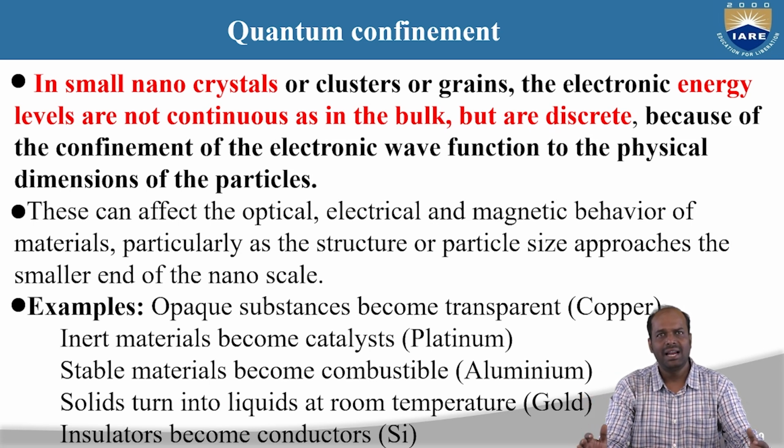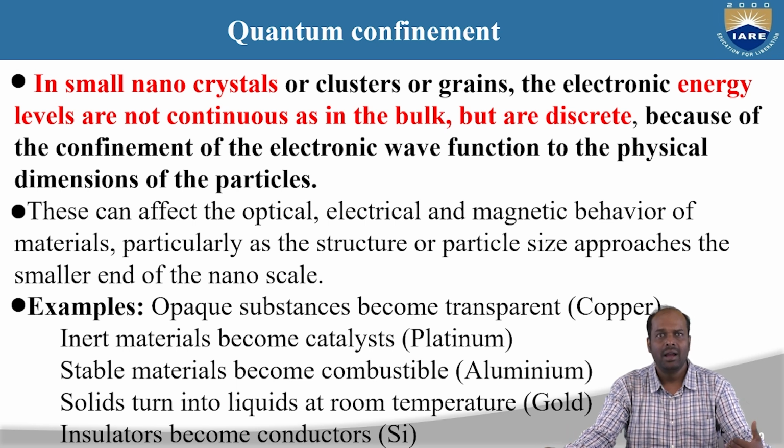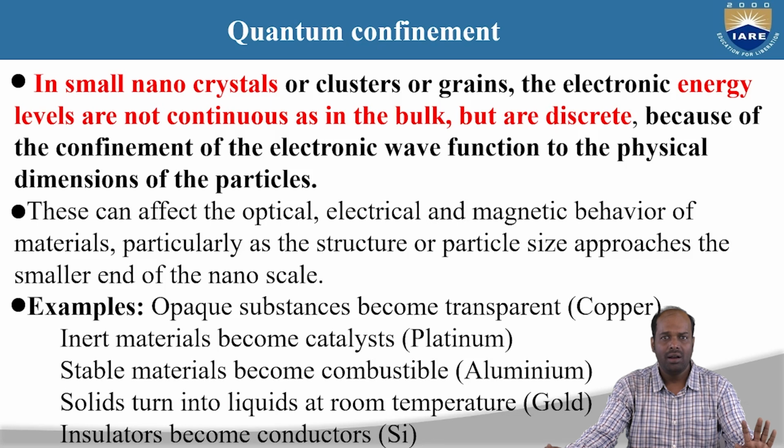The physical properties also drastically change. This can affect the structural, optical, electrical, and magnetic behavior of materials, particularly as the structure or particle size approaches the smaller end of the nanoscale.